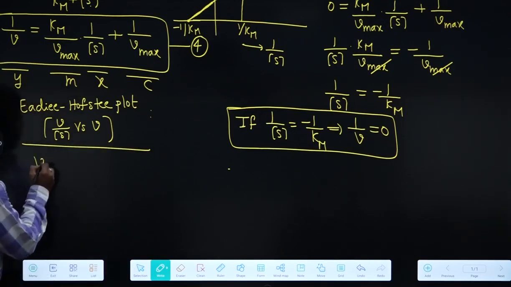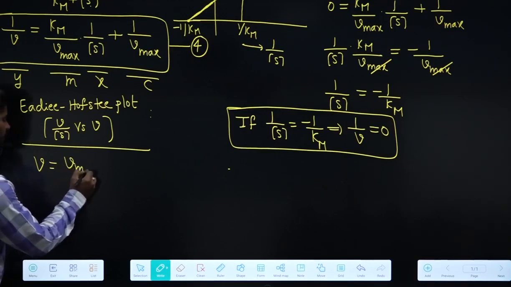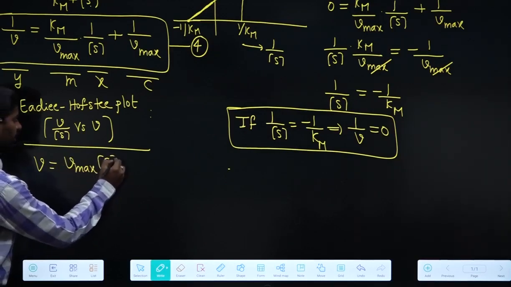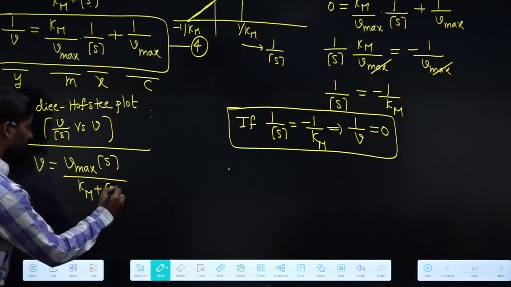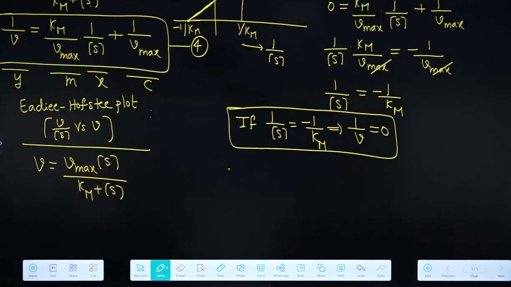So what is the expression for V? We have V max into concentration of S by Km plus concentration of S. So this we have to convert into V by S versus V form only. V by S versus V plot, that is called the Eadie-Hofstee plot.